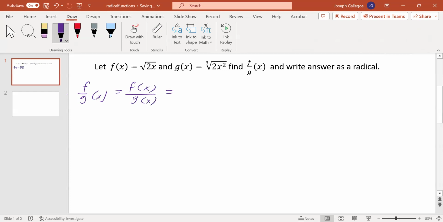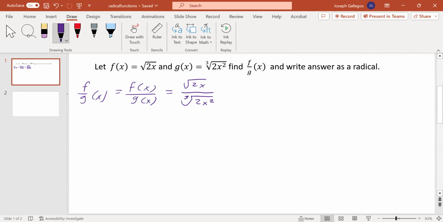And since f of x is equal to the square root of 2x, and g of x is equal to the cubed root of 2x squared, here we have to think about, since we don't have the same index, we need to put them in exponential form and then get the same index number for each of the radicals.